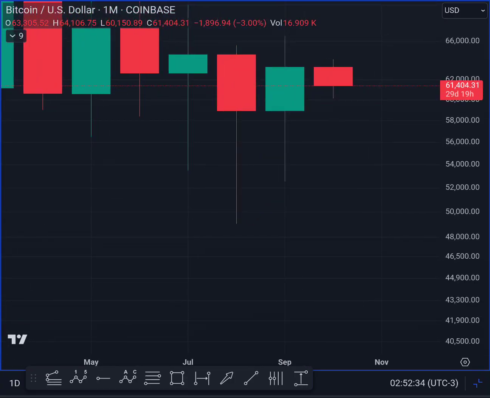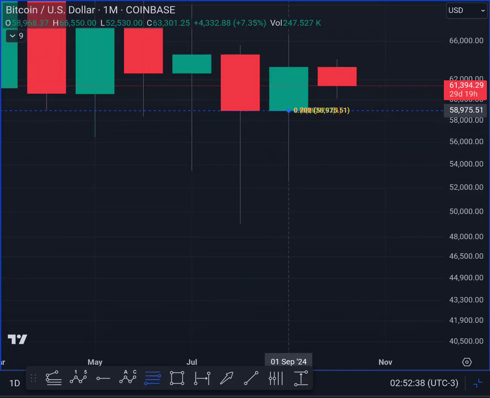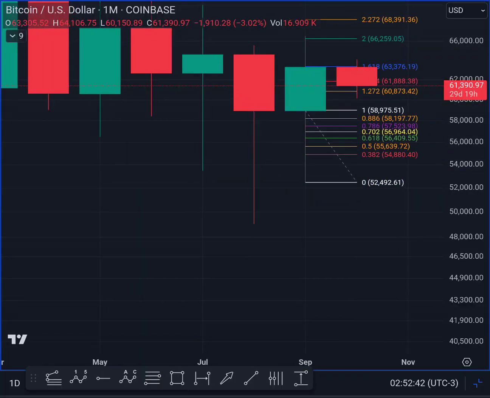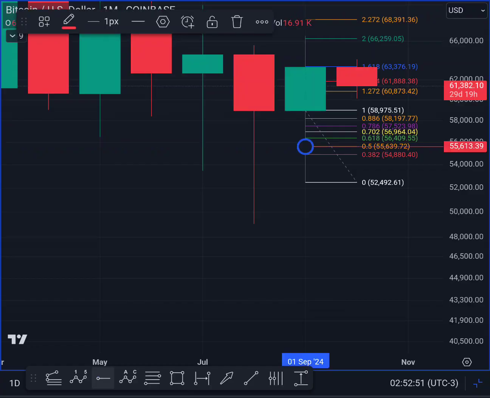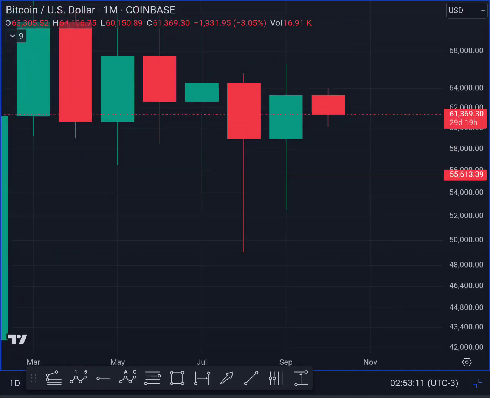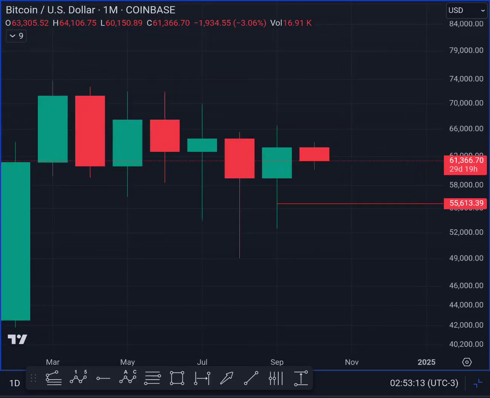Hey, it's all good. So let's take a Fibonacci measurement of just that wick, and we'll mark off the 50% mark with a horizontal ray right about there. At 55,613.